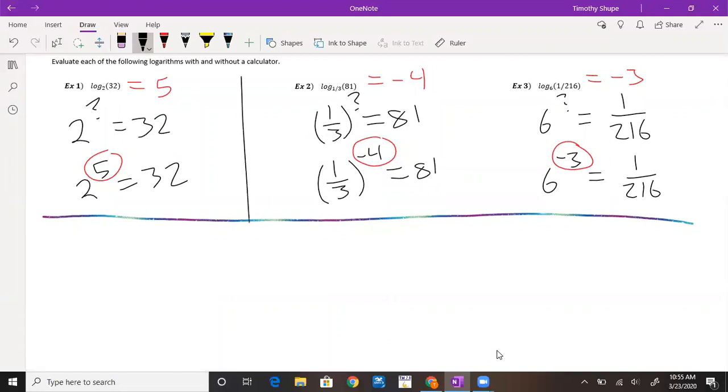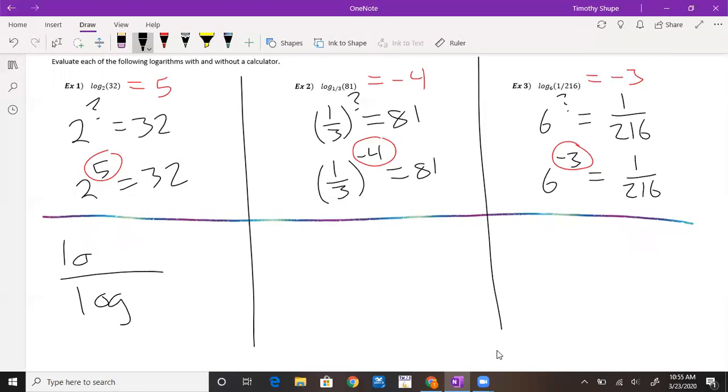So if I go back to this first example, the log base 2 of 32, another way I could do this is take the log of 32 and divide it by the log of 2. And when I type that into my calculator, there's log buttons on your calculator that you can use. When I type that into the calculator, I'm going to end up getting 5 as my answer.